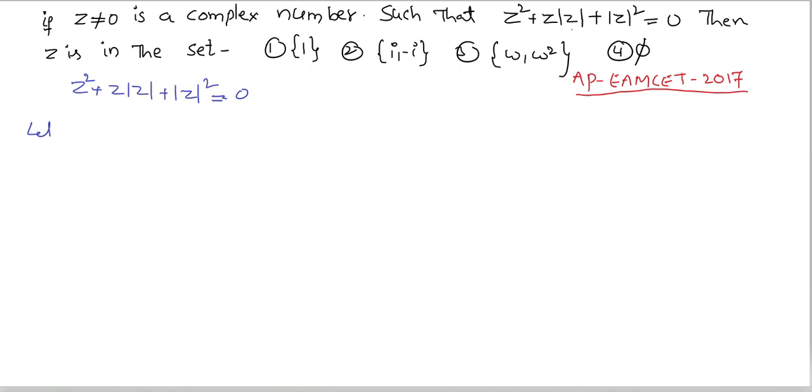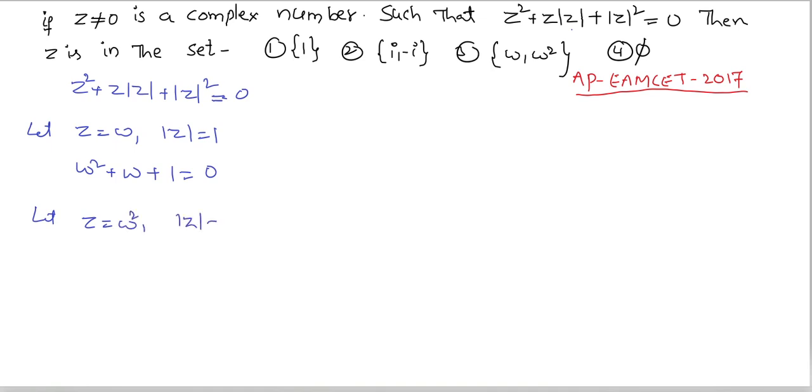Let us take z is equal to omega, that means mod z is equal to 1. Substituting these values, z square plus omega into 1 plus mod z square is 1, so omega square plus omega plus 1 is equal to 0. So z is equal to omega satisfies this equation.